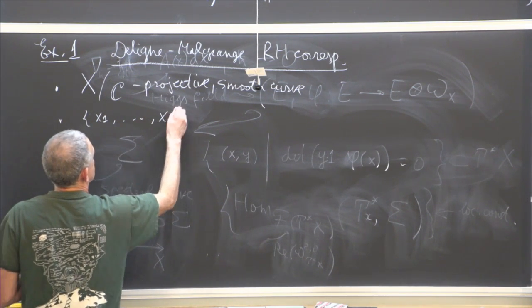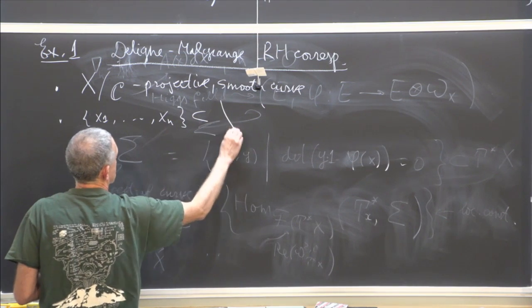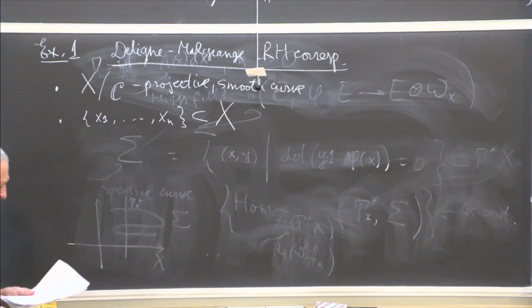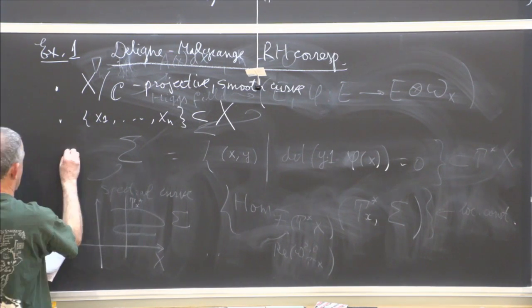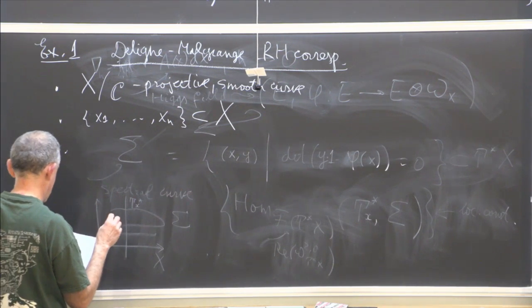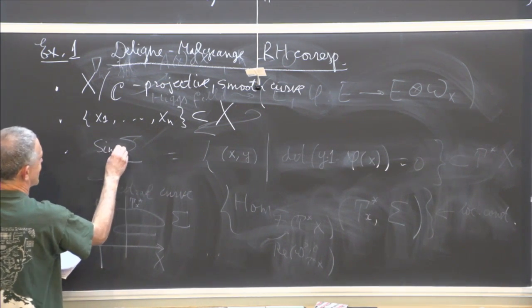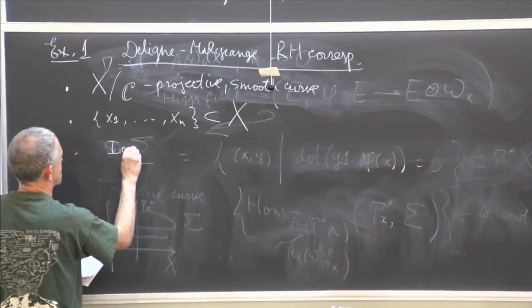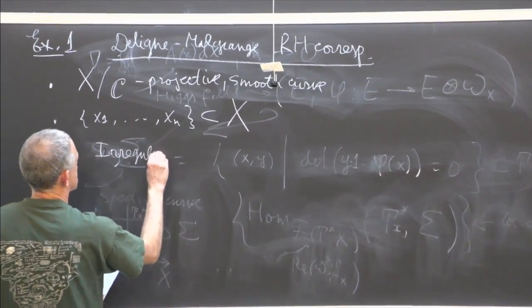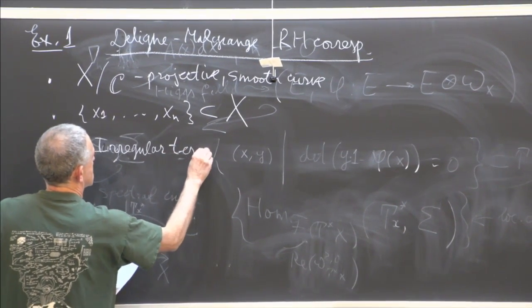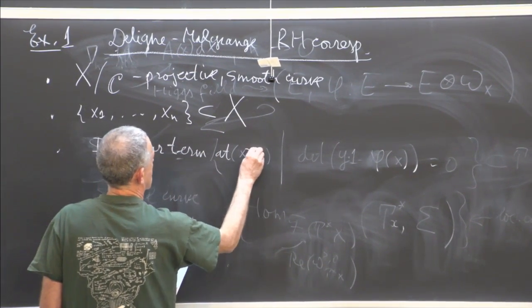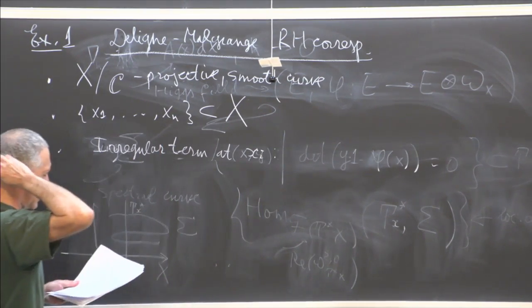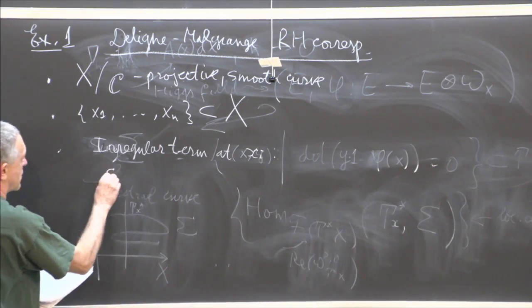I fix a finite subset of points, future singularities, and now a singular term, maybe it's better to call it an irregular term.